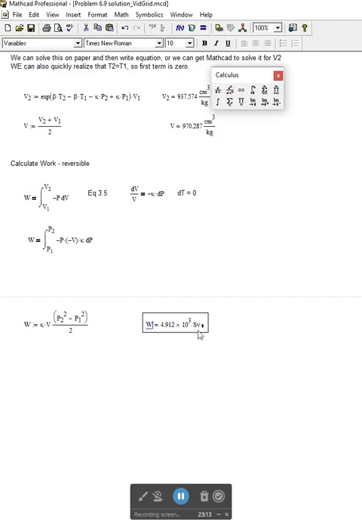It's 4,912. Does anyone know what SV stands for? I believe SV stands for sieverts. This is a relic of old MathCAD. I believe old MathCAD was originally designed primarily for electrical engineers, and this is some archaic electrical engineering energy unit. I don't like sieverts.